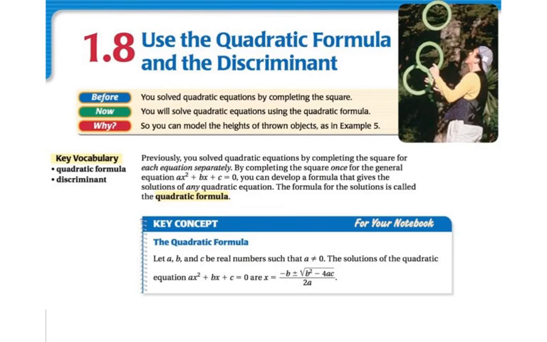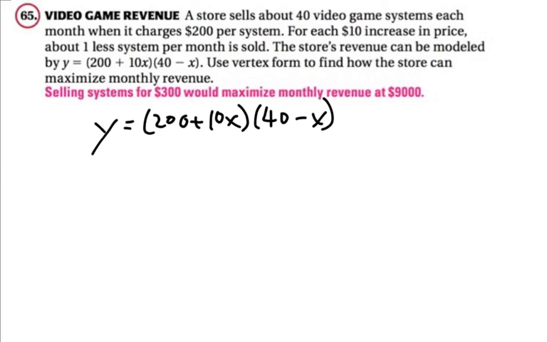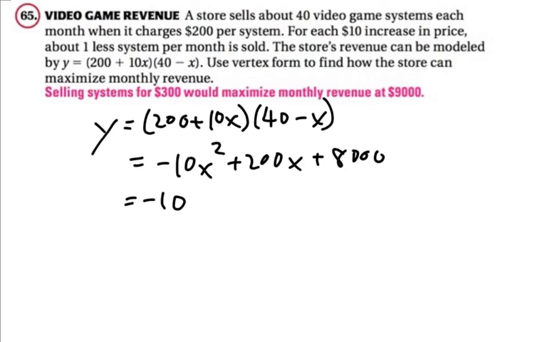So before I go into 1.8, Mrs. Wu said there's still some questions about 65 from the 1.7 homework. Why is the answer $300 instead of 10? Let me fast forward a little bit. You should already know that you can take the original function and turn it into standard form, and then by using completing the square, you can turn it into vertex form.